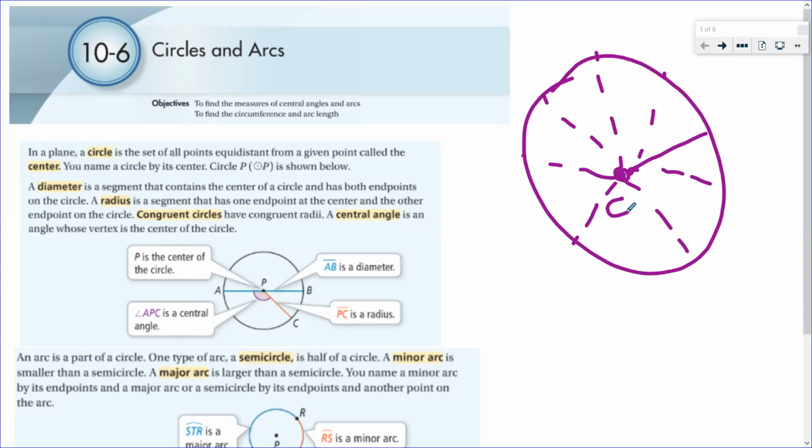It has an equal distance from all the endpoints on it to the center C. Now, if you want to name any circle, all of us know if we want to name the square, we will say A, B, C, D, or the triangle X, Y, Z. For the circle, you have to say this is a circle with a center C. This is the way we can name the circle.